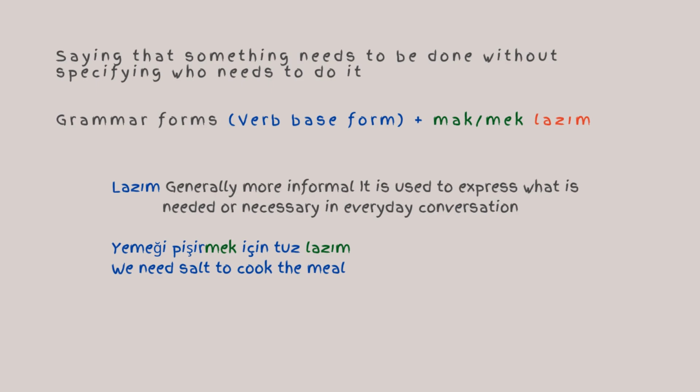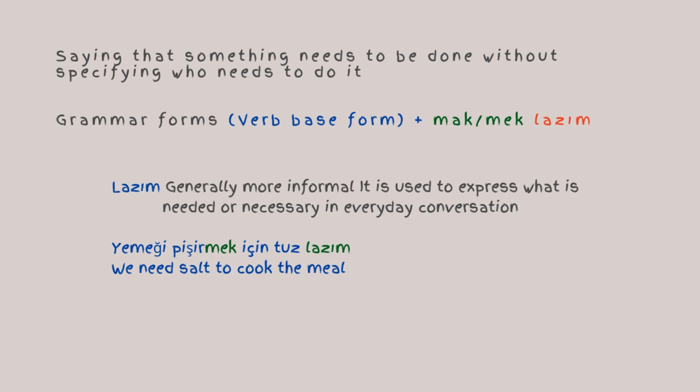So, as I mentioned at the beginning of the video, try to make the sentence in English. If you're expressing it for something every day, an informal sentence, and you're saying we need to, use lazım.